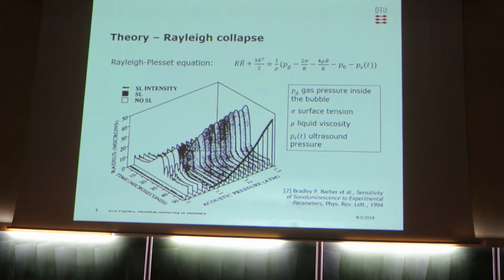This oscillation is described by the Rayleigh equation here. It depends on the gas pressure inside the bubble, the surface tension of the liquid, the viscosity of the liquid, and obviously the standing wave of the ultrasound. Here I have a graph of the solution of this equation, which has been plotted in a paper.